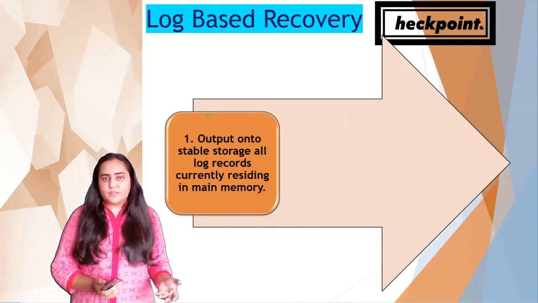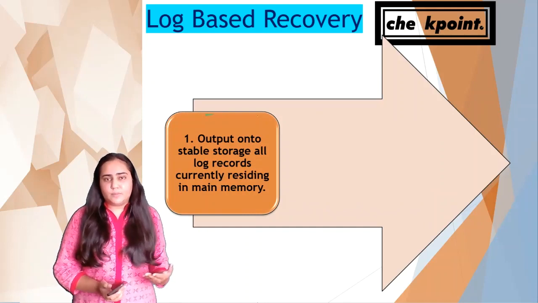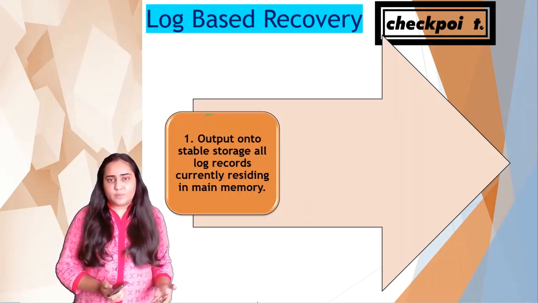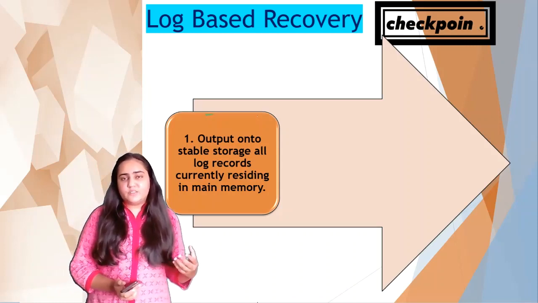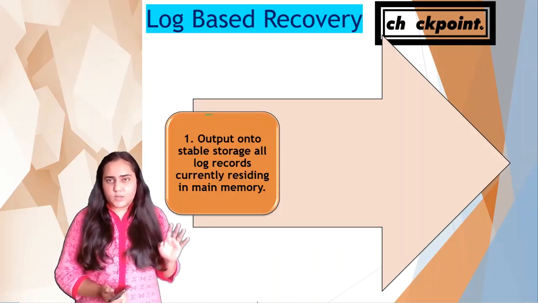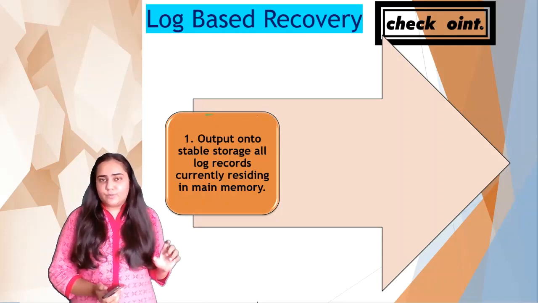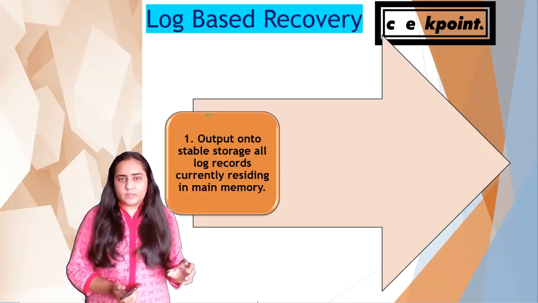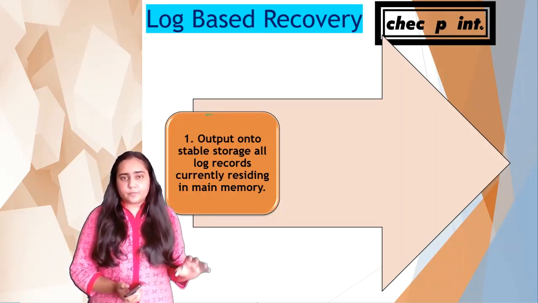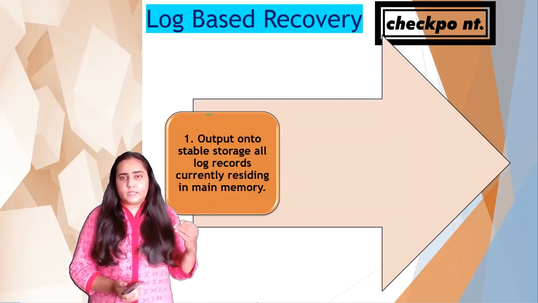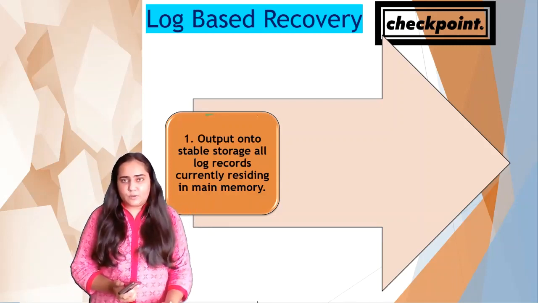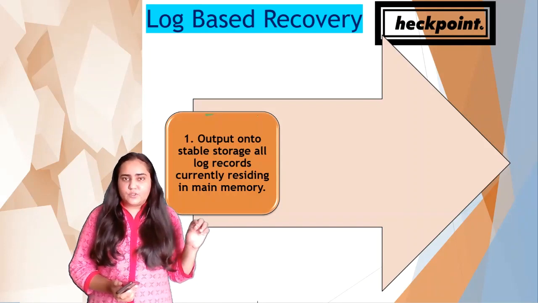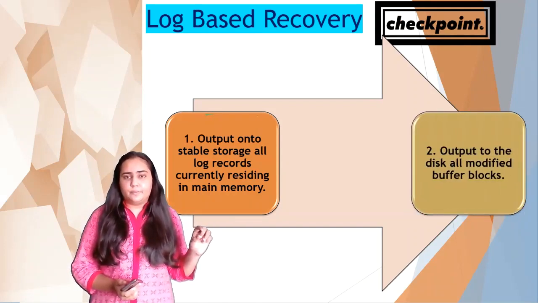So the first step is you will output onto stable storage all log records that are currently residing in the main memory. The log is actually present in the main memory as a file that your system maintains. So this file is stored into the secondary memory at whatever place you want to put a checkpoint at.